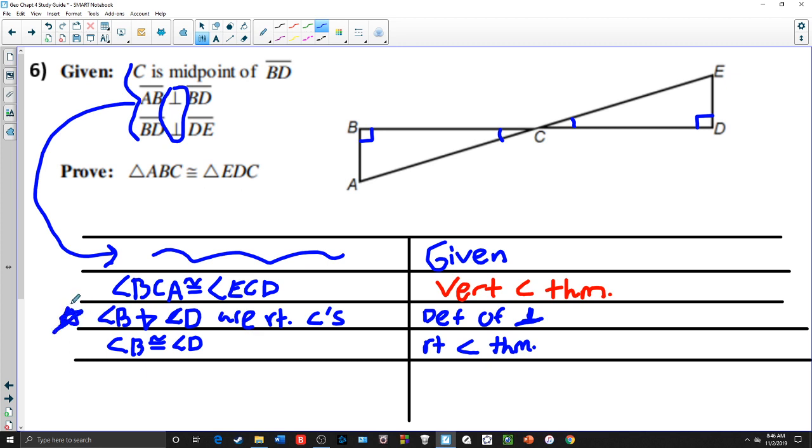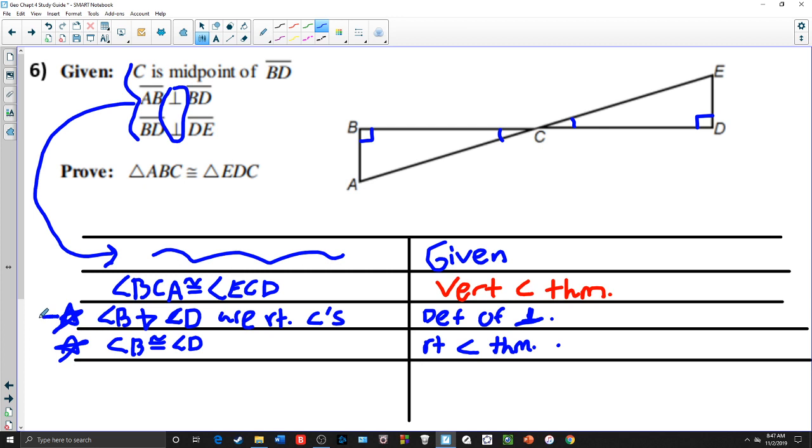That's our first statement. Why? Because of this. Then our second statement is, hey, they're also congruent. Why? Because of this. You can't say angle B is congruent to angle D because of right angle theorem first, because first you say, hey, perpendicular lines, they're right angles. Now that they're right angles, I know that they're congruent because of right angle theorem.